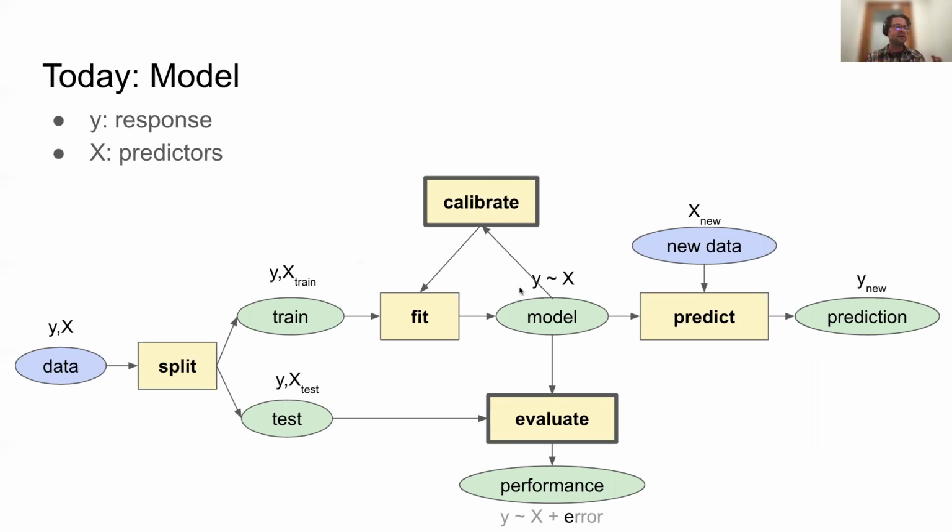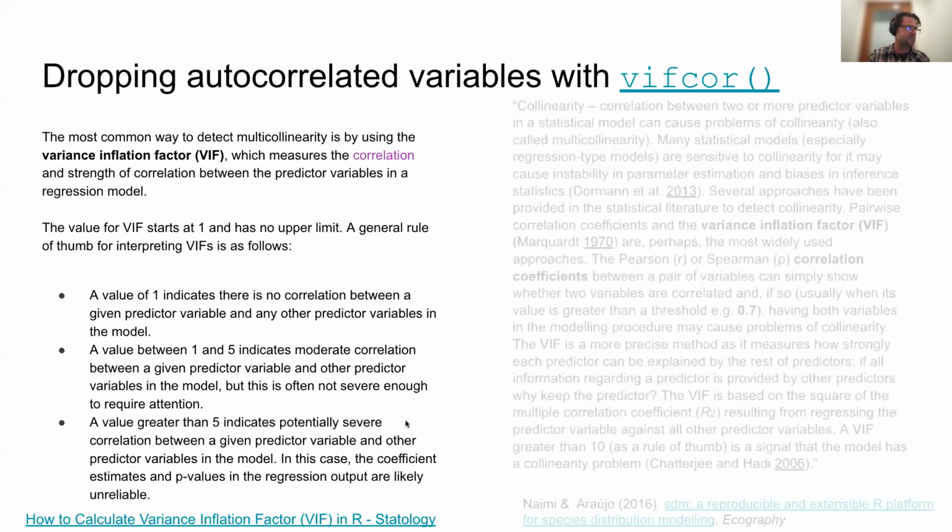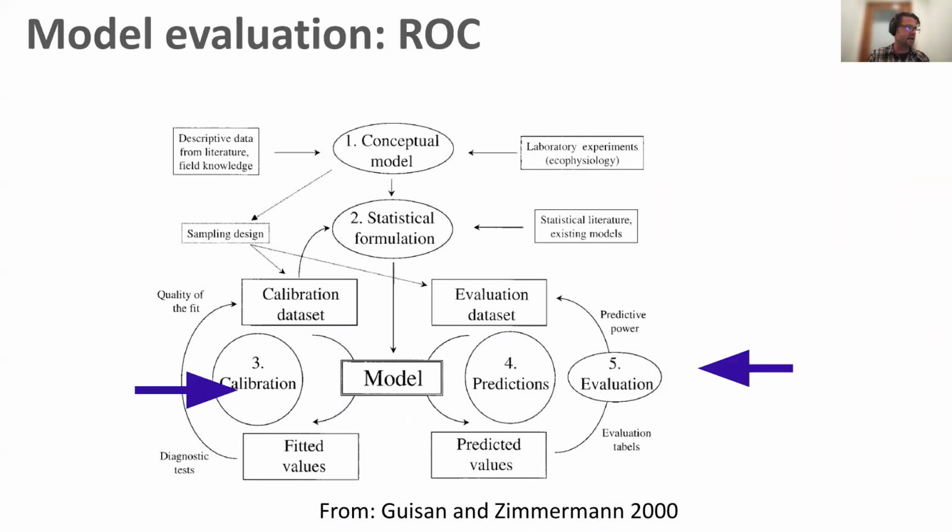You're not biasing the model based on the data you're using to test it. So it's really important that you do that split before you do anything else with your data, because this is supposed to be as independent as possible. And then we can evaluate it, and we'll look at some of the things we use to evaluate the actual model.